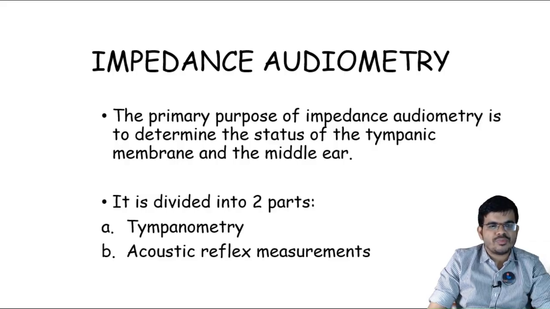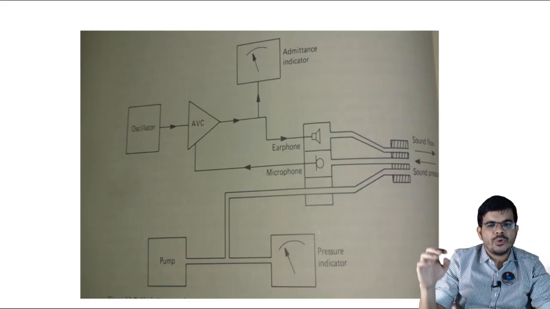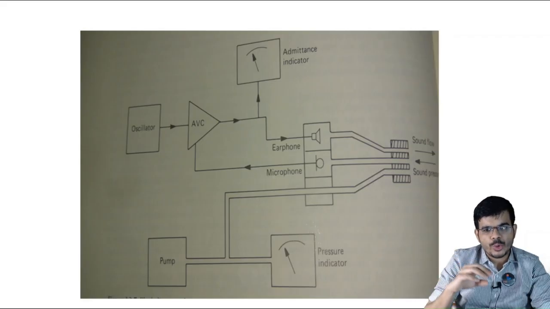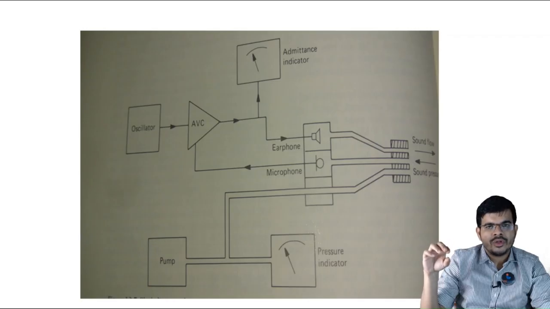In the first part, you are giving a sound wave with the help of an oscillator. About 220 to 226 hertz sound is given with the help of a snugly fitting probe with 3 channels. One of the channels provides this tone, which goes into the middle ear, and some of it is reflected back.